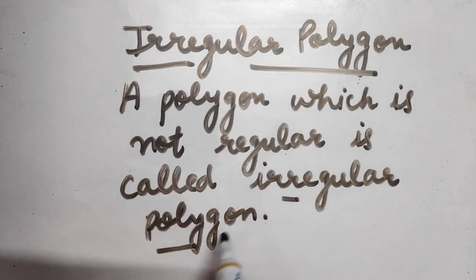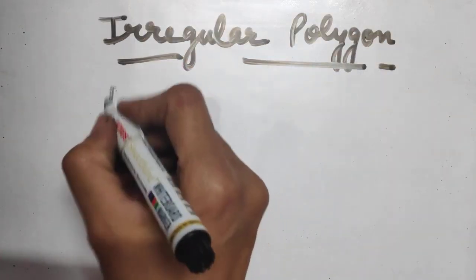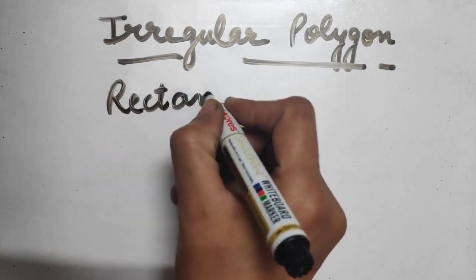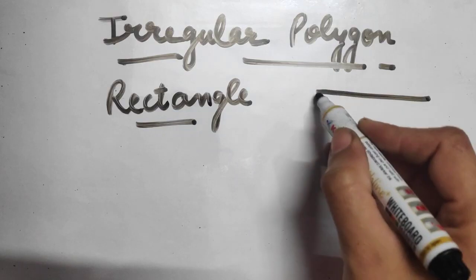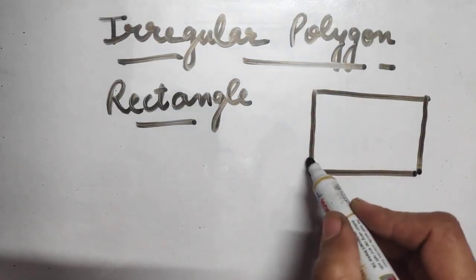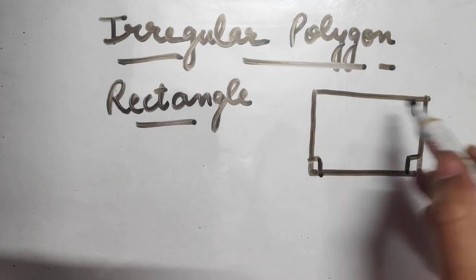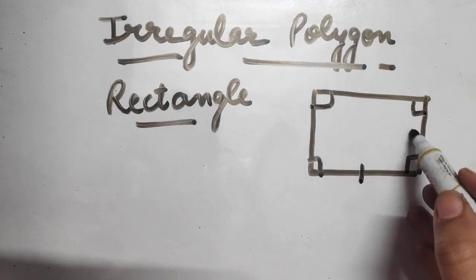So for irregular polygon, you can see the examples. An example of irregular polygon can be rectangle. You can see, dear children, in rectangle, all the angles are of equal measurement, but all the sides are not equal.